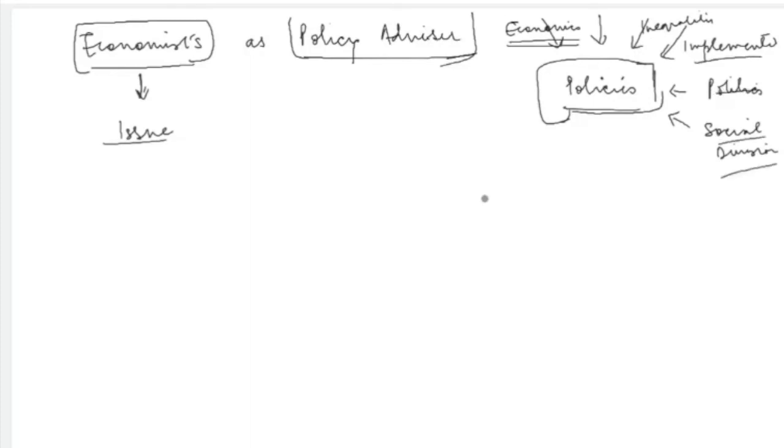So we need to understand that difference between economists, people who are looking at an issue only from an economics perspective, and policy advisors who are looking at an issue from different perspectives besides economics. And that difference could be understood by understanding the difference between positive and normative analysis.